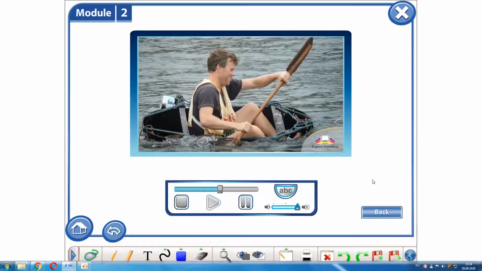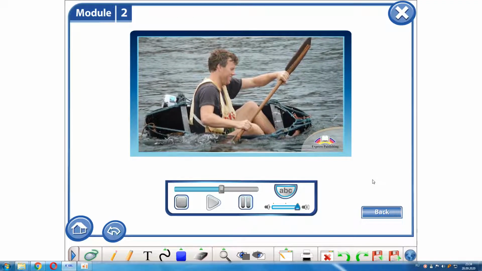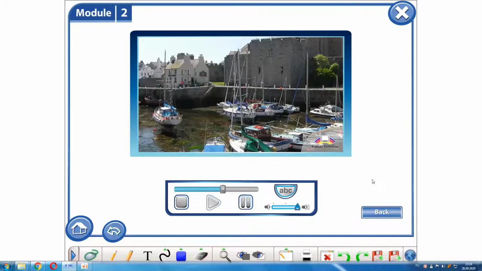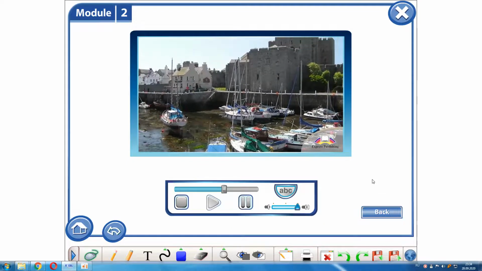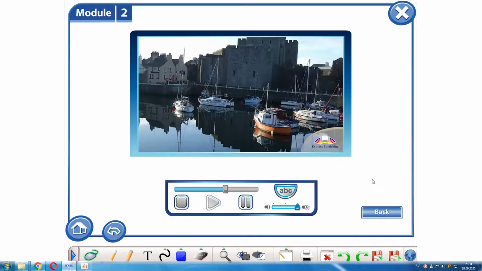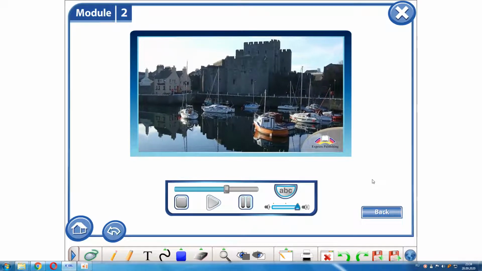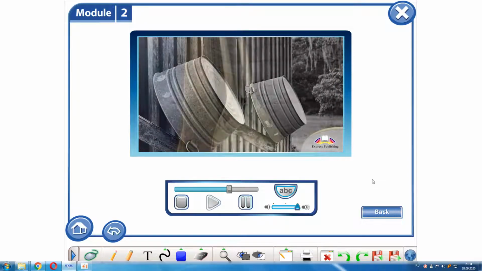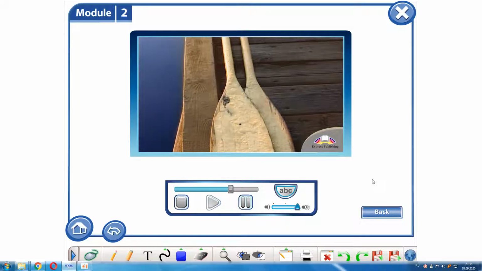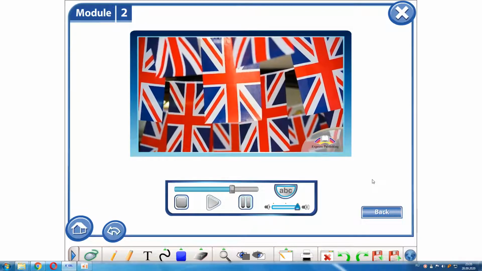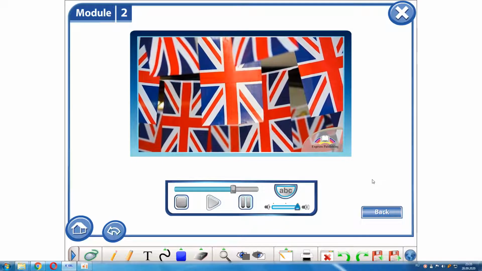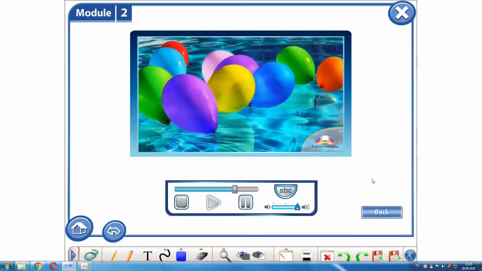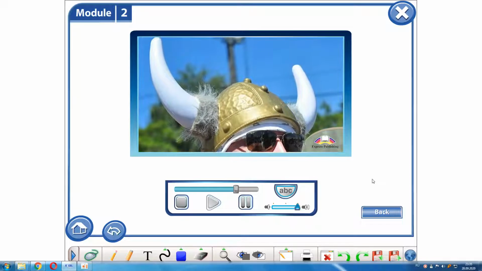Last summer, my Uncle Tom took part in the Tin Bath Championships in Castletown Harbour on the Isle of Man. I really wanted to watch the race, so he agreed to take me. Uncle Tom found an old tin bath and made some paddles. Just before the race, we decorated his bath with flags and balloons, and he dressed up as a Viking.